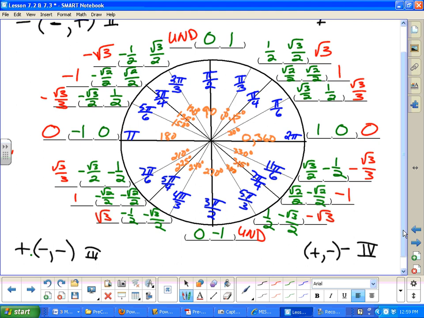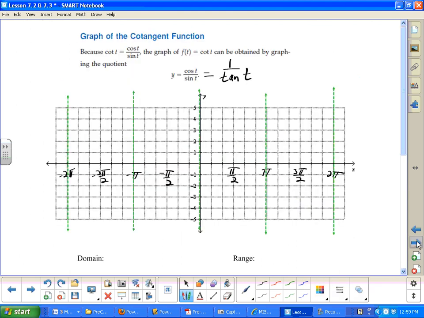So when cosine is 0 and sine is 1, which would be at pi over 2, 3 pi over 2, negative pi over 2, negative 3 pi over 2.